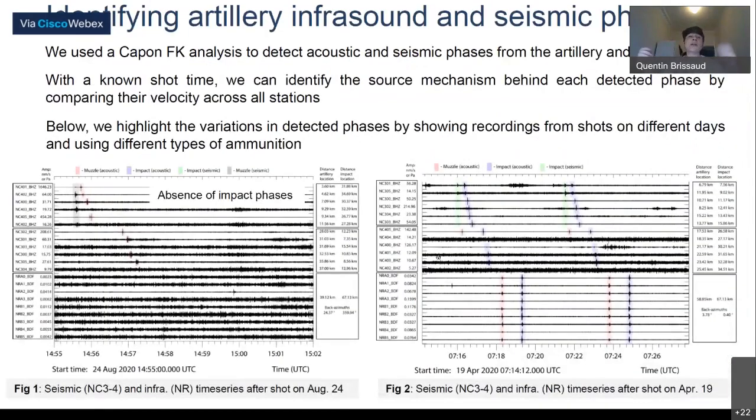By looking at the entirety of the data set, because the FFI provided us with some ground truth data, we could identify different phases, some of them very clear on some days with specific ammunition types, corresponding to either the impact, the muzzle, or even the ballistic phases in some cases, and some days more complex patterns corresponding to differences in weather patterns primarily.